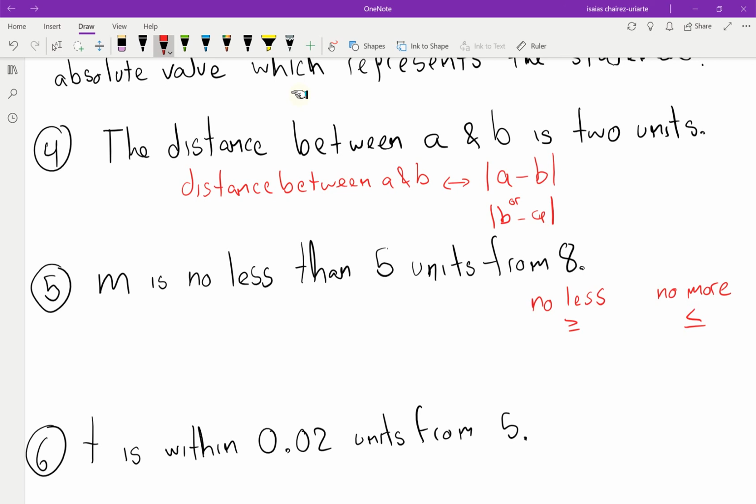Or the absolute value of 2 minus 7, that would still be 5. So I'm going to use the top one: the absolute value of A minus B is supposed to be 2 units. So the distance between them is 2 units. So I think that is the equation that I want right there. Now you could also have written it as the absolute value of B minus A equals 2. That would have also been correct.